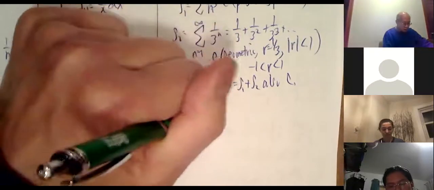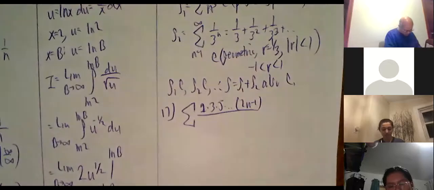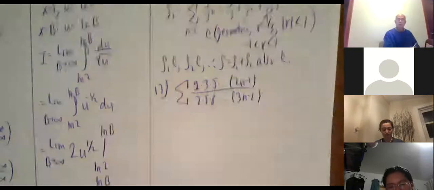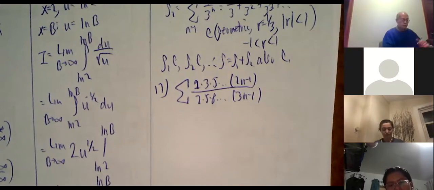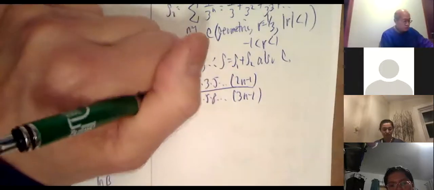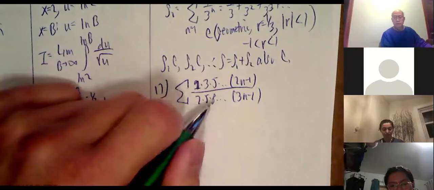It's one of these weird, strange factorials again. 1 times 3 times 5 times 2n minus 1 over 2 times 5 times 8, 3n minus 1. Okay, so it's not really a factorial, but it's factorial-like. Right, here you're jumping every 2, here you're jumping every 3.